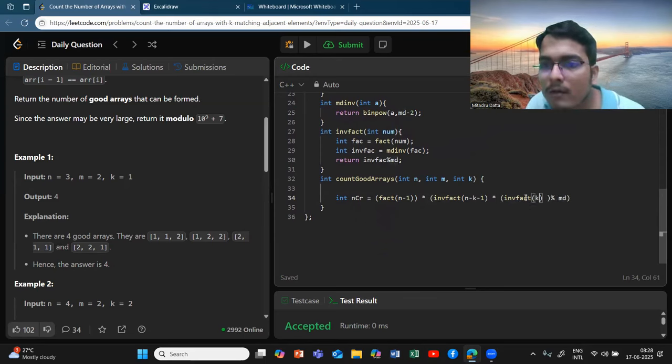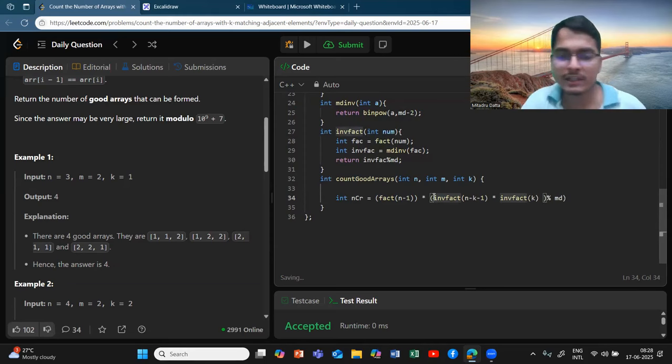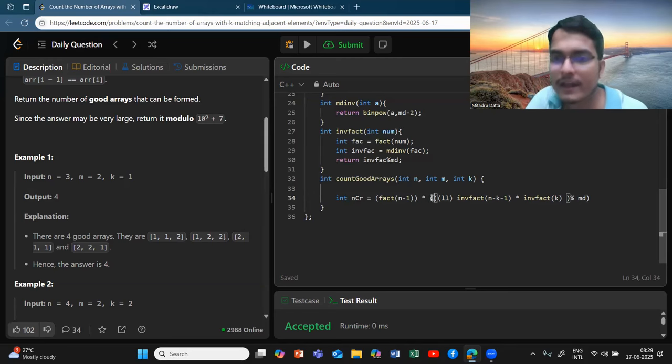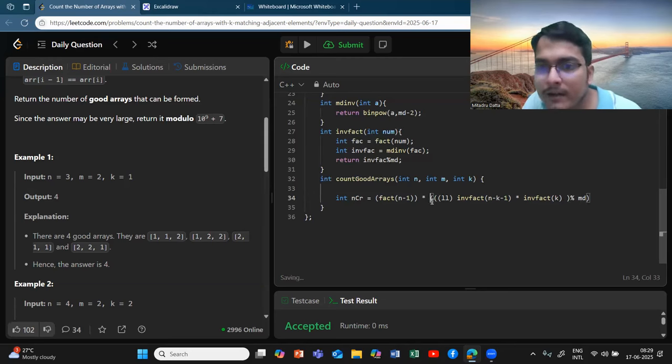So you see, you have this inverse factorial into factorial. Try to store it in long. Always when you are multiplying, try to store it in long, and then perform a mod. These things must be performed before this, so you give another bracket here to perform this mod.